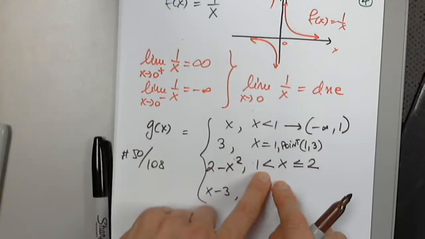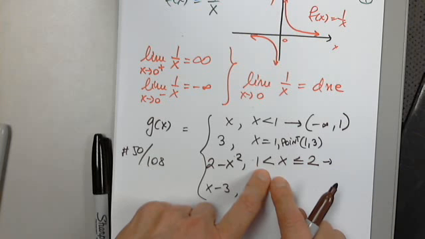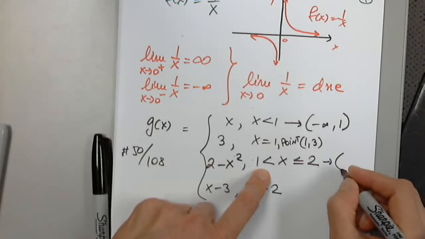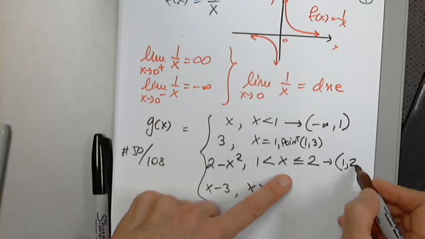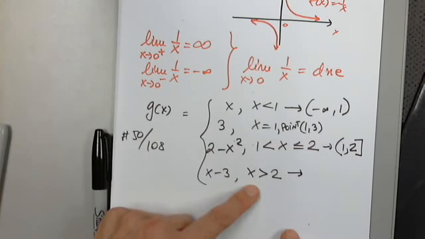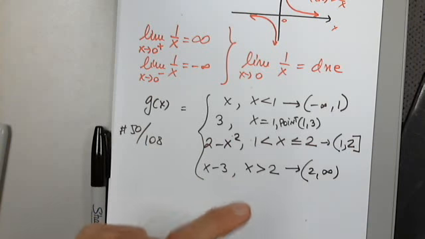Now on this side, the interval is 1 with parenthesis, comma, 2 with a bracket. Awesome. And finally, the last one will be 2 with parenthesis to infinity. And now let's analyze, because it's very important.